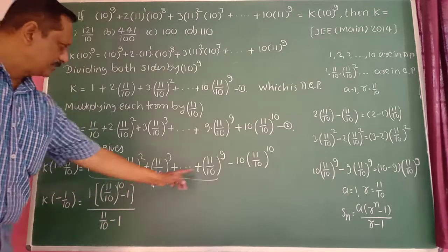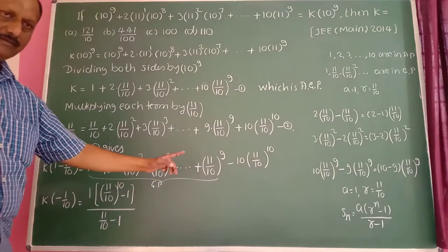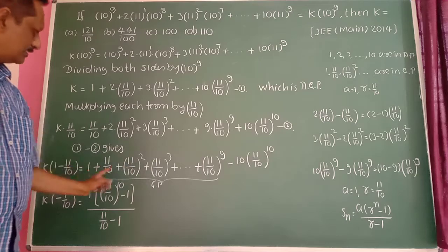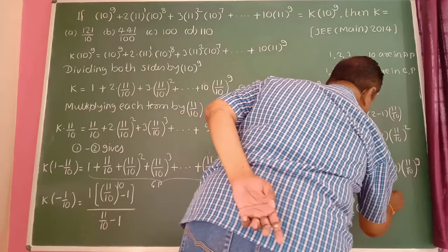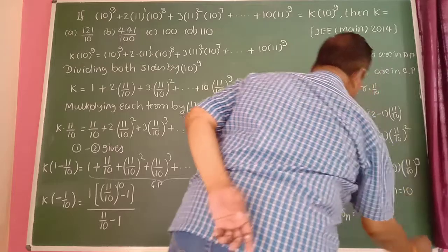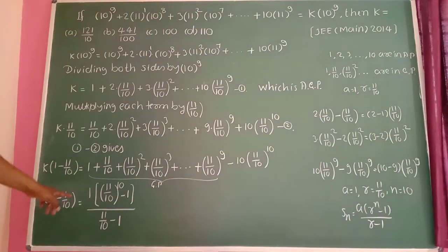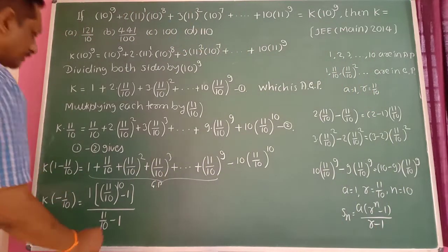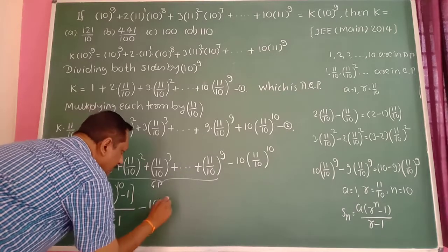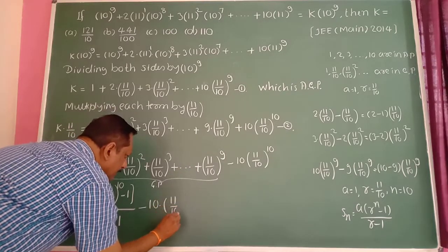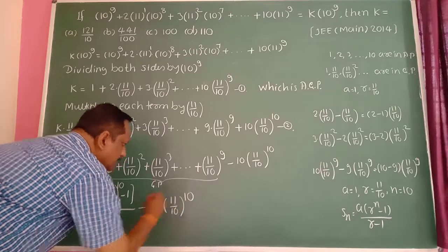From here to here, these are all in GP. These are 10 terms here. First term is 1 and the common ratio is 11 by 10. Therefore, total 10 terms are there, n equal to 10 here. So use that formula here. Minus 10 into (11 upon 10) raised to 10, keep as it is here.